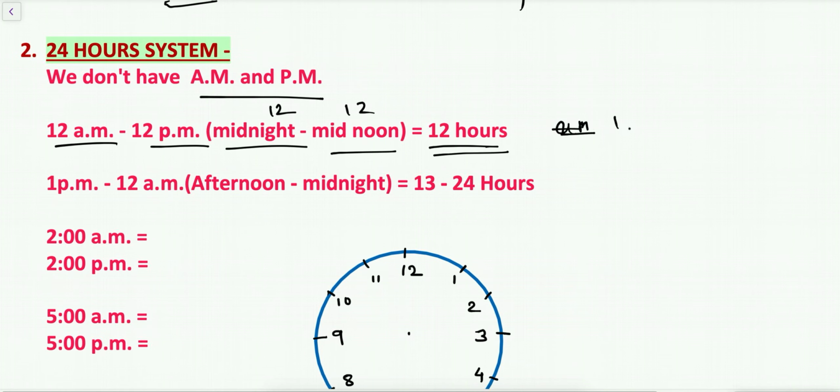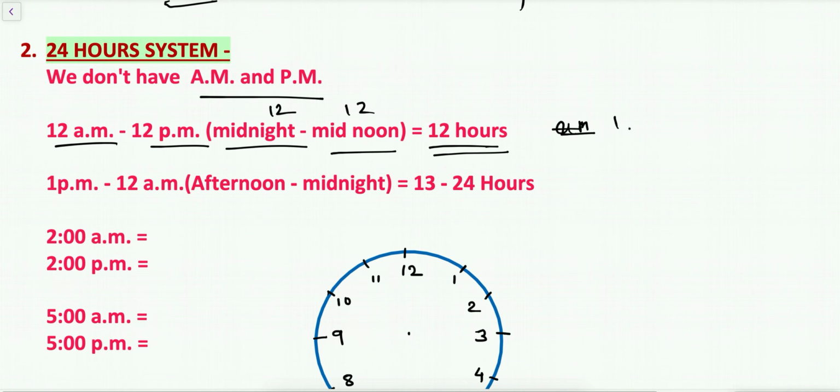Let's move to the next question. Convert 6 hours 25 minutes into minutes. Here this 25 minutes is already in minutes.